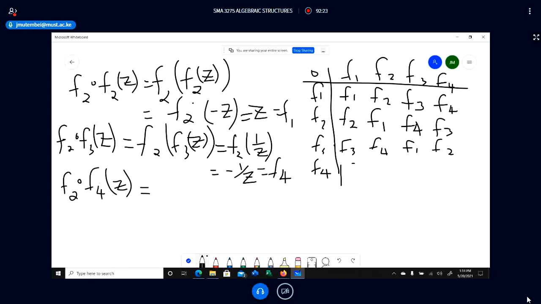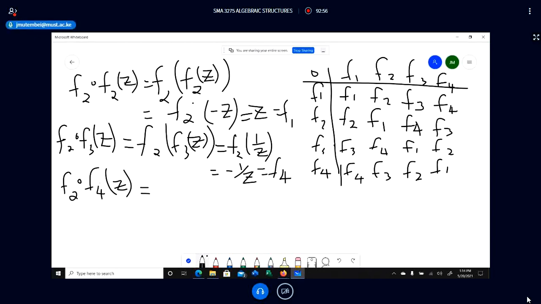And the fourth row is F4, F3, F2, F1. So check if the table you have obtained looks like the one I have shared. That's what I have obtained by working out those compositions, just the same way I have illustrated here, but now working for all the possible combinations in G.